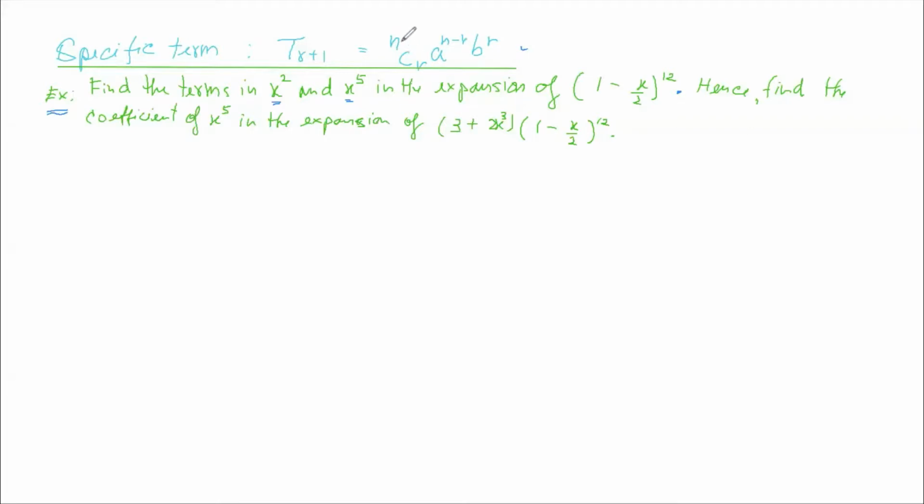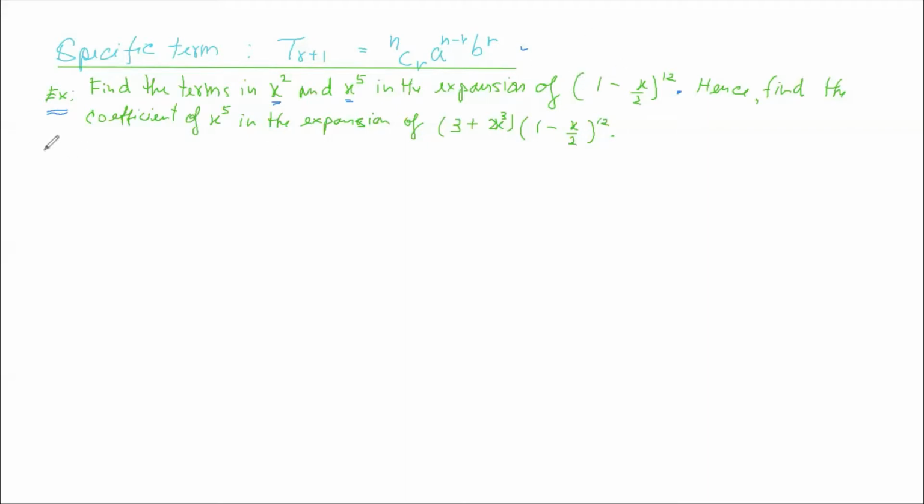In this case, in the formula n equals 12. R is unknown, because we don't know the number of the term for x power 2 and also for x power 5, with n equal to 12. So R is unknown. In this case, we replace first.